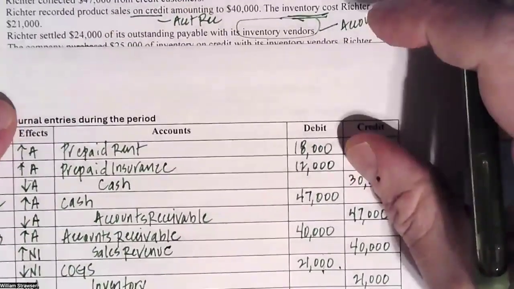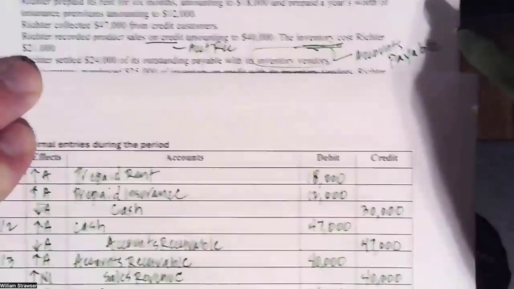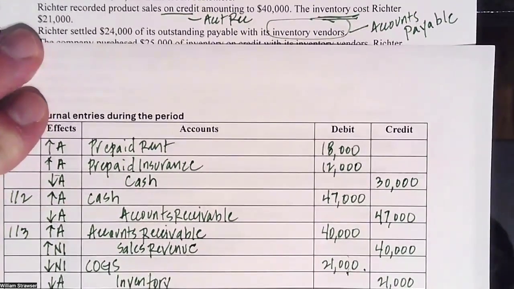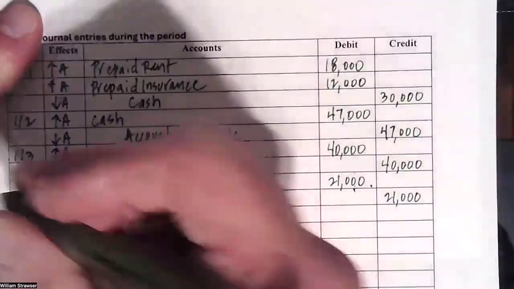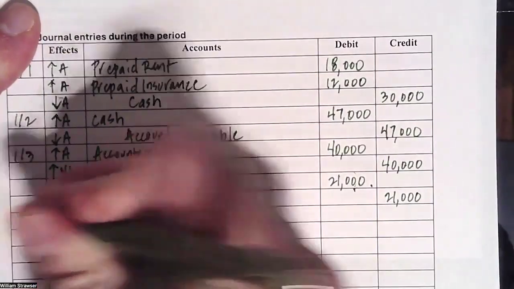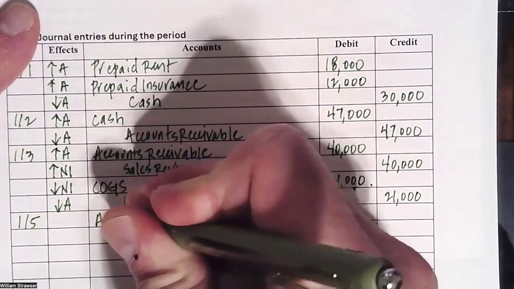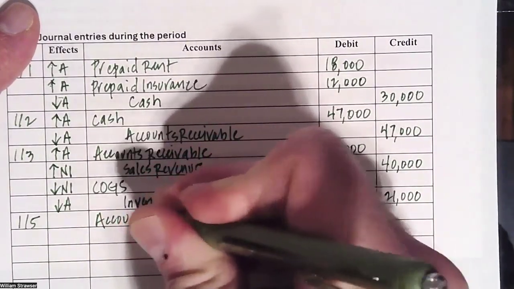So now we settled our payable. We paid that off, right? Settled means we're squaring it off. We're zeroing our account with somebody. So we don't have $24,000 of this payable. That means that on January 5th, I need to reduce my liability because I don't owe as much if I just paid 24,000 off.